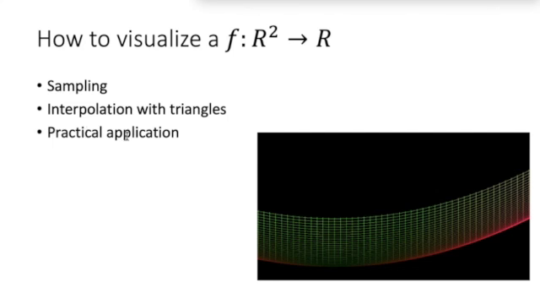For the practical application, because you can only visualize part of it, it's not practical to use this technique to find the minimum, but it's a tool to debug and visualize the algorithm.